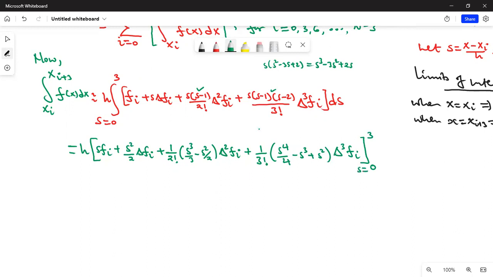That's what we have. So let us plug in the limits of integration. What are we going to get? When you substitute the limits, we are going to get h.